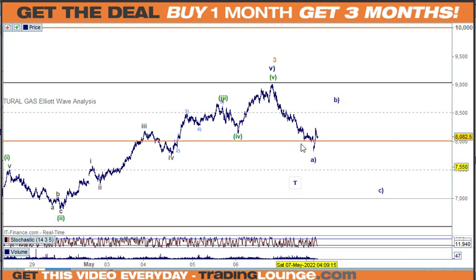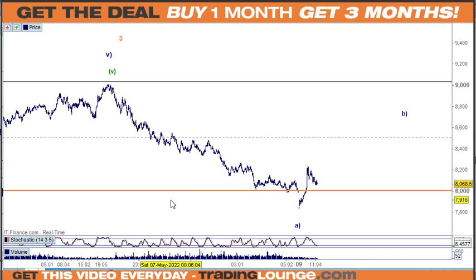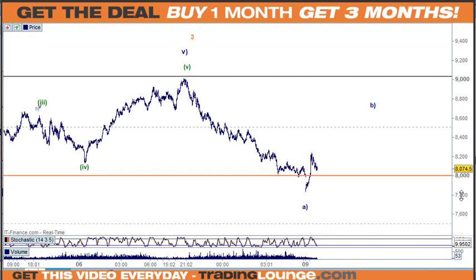I'm not sure if that's completed just yet, but we'll be looking for a wave 4 down here. 1, 2, 3, 4, 5 to that point. 1 and 2, I suppose that's together there. 1, 2, 3. No, it's probably the third wave. It might not be there just yet.